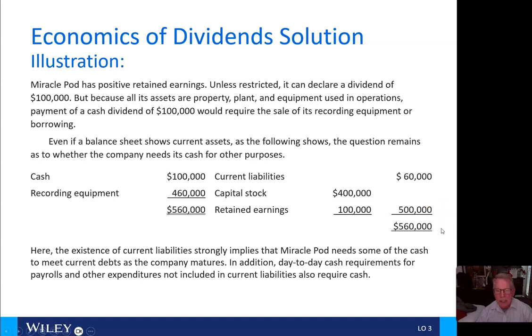Balances at $560,000. So here, the existence of current liabilities strongly implies that Miracle Pod is going to need some of its cash to meet its current debts as the company matures. In addition, day-to-day cash requirements for payroll and other expenditures not included in current liabilities also require cash.